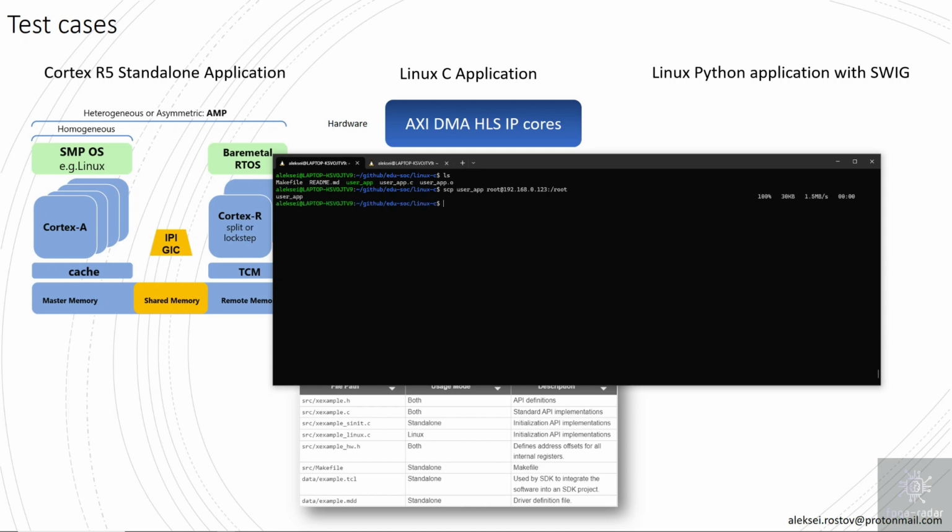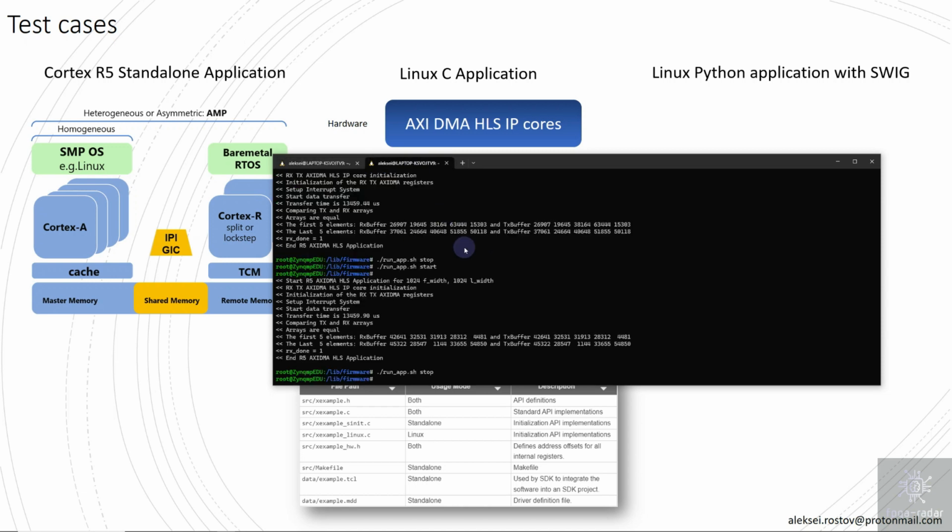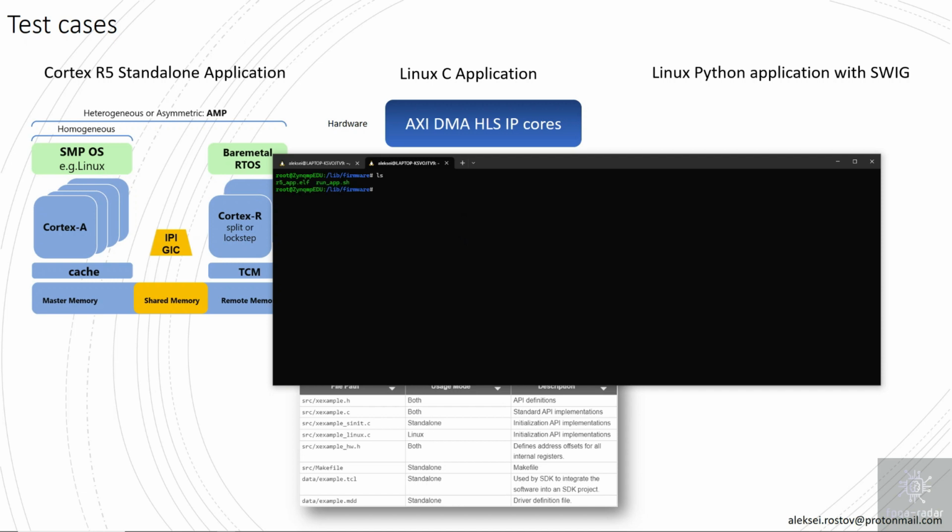Okay, let's copy. Yeah, here I have the user app. But before I run the user app, of course, I have to configure the device tree by loading the device tree overlay and again the bitstream. In order to do this, I will use the FPGA configuration manager.